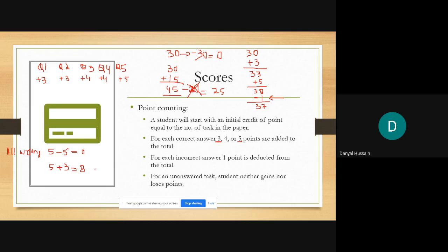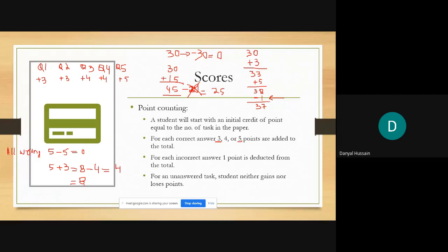But what happens if you do not select anything? You are not sure about these 4 answers, so you do not select anything, so you will not lose and you will not gain for these 4 questions. So your marks will remain 8.